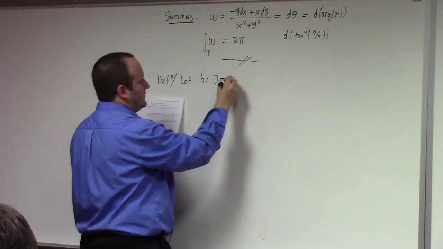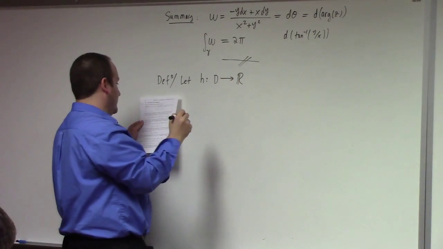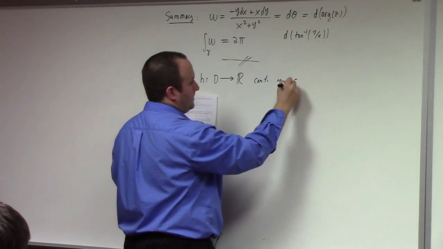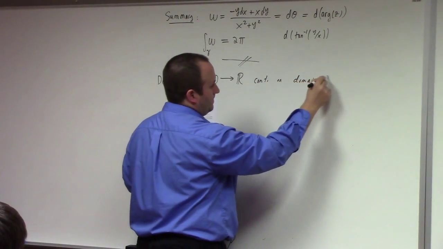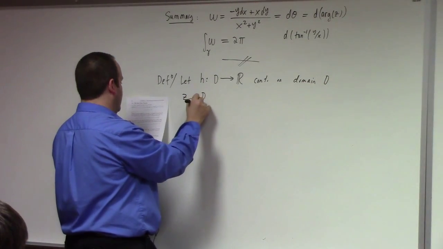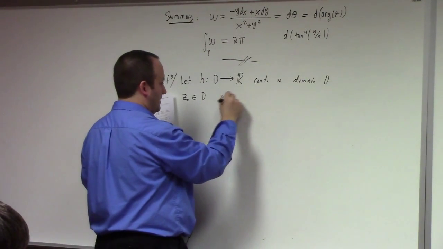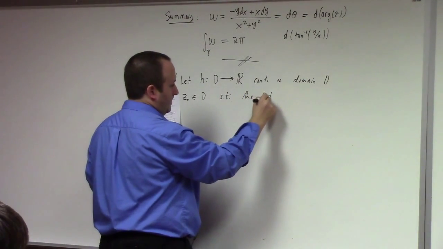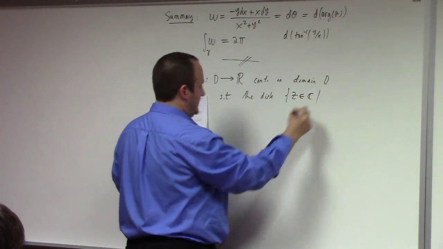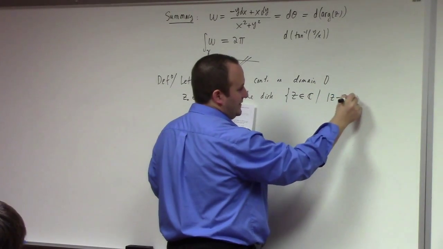Oh, you're welcome. Okay, so if we have h going from D to R, a continuous function on a domain D, and let z naught be an element of D such that the disk, here it is, z in the complexes such that the modulus of z minus z naught is less than rho.